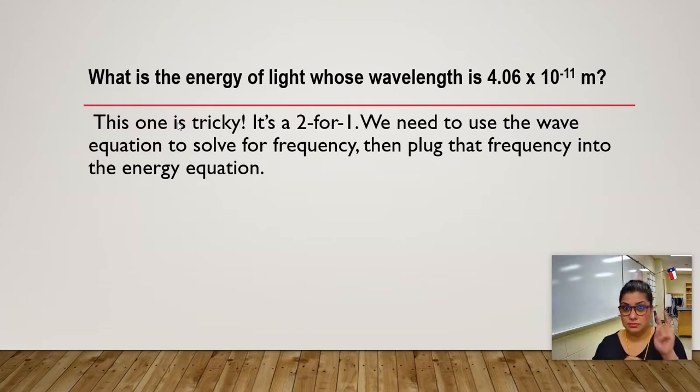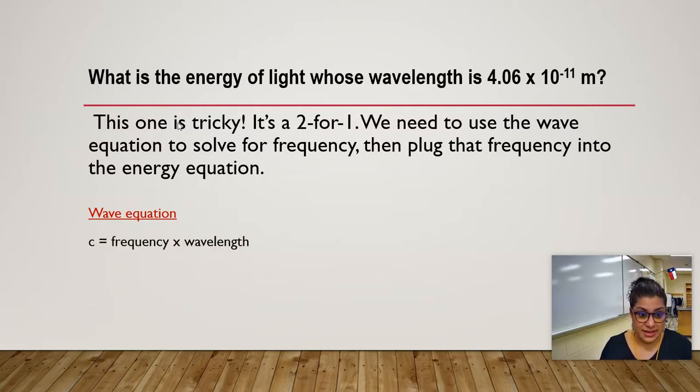One problem, two equations. We're going to use the wave equation to solve for frequency, then plug that frequency into the energy equation. So first up is the wave equation. We cannot solve for energy unless we have frequency. And we need to use the wave equation to solve for frequency.